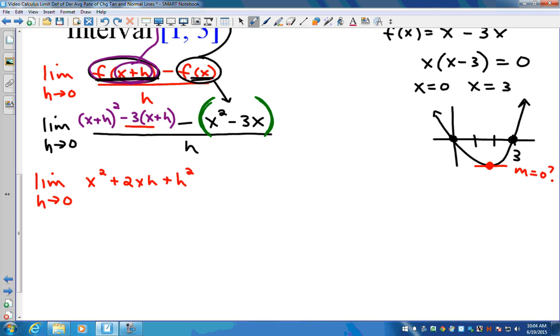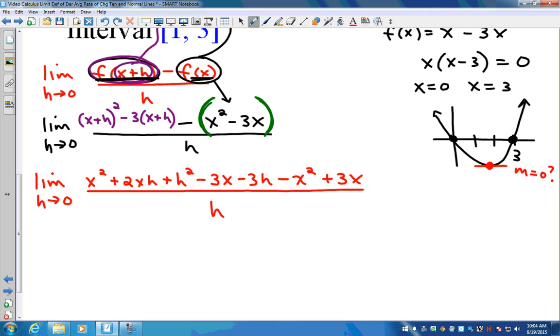And then I'm going to do minus 3 times x plus h, which is going to give me a negative 3x and a negative 3h. Okay, then I'm going to distribute this negative, right, which is why I needed those parentheses in the first place, to give me a negative x squared plus 3x all over h.